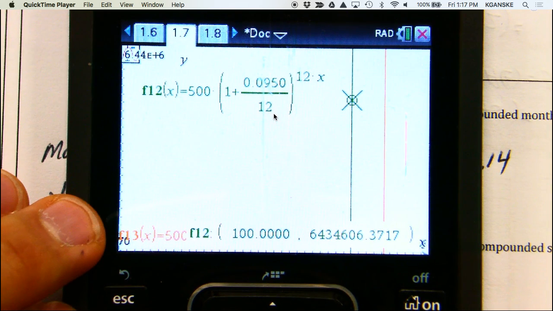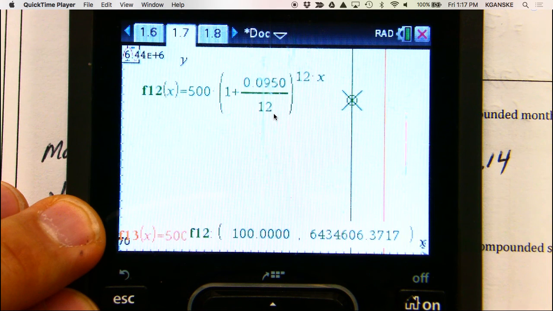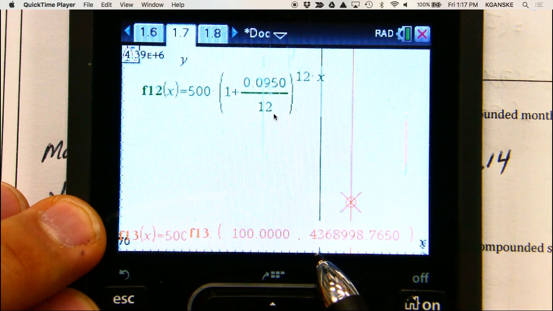My 500, at 9% interest, turned into 6 million after 100 years. And the yellow line, 6.5 million more or less, right? The yellow line is only at 4.3 million.